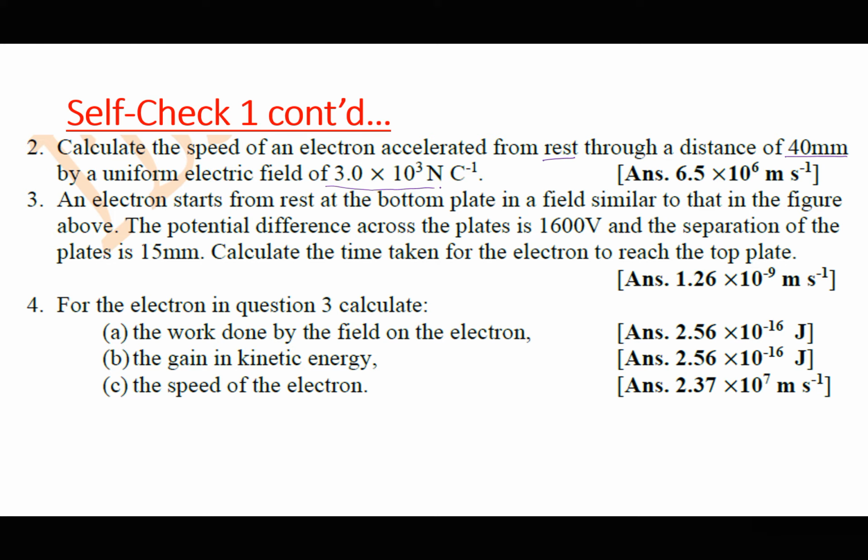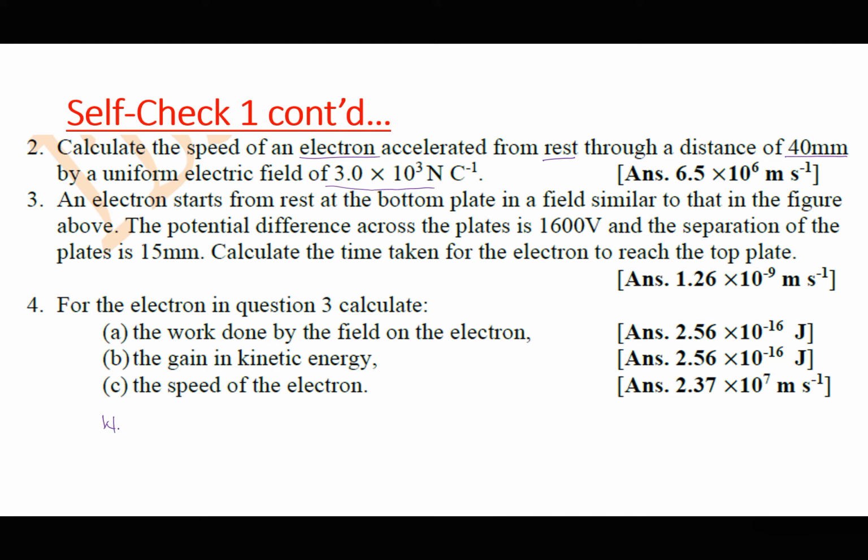Maybe to give people a hint on that question, have all the principles at your fingertips. When you have them, then it becomes very easy. So it is an electron, so we know the charge of the electron. The work done is going to be called the gain in kinetic energy.